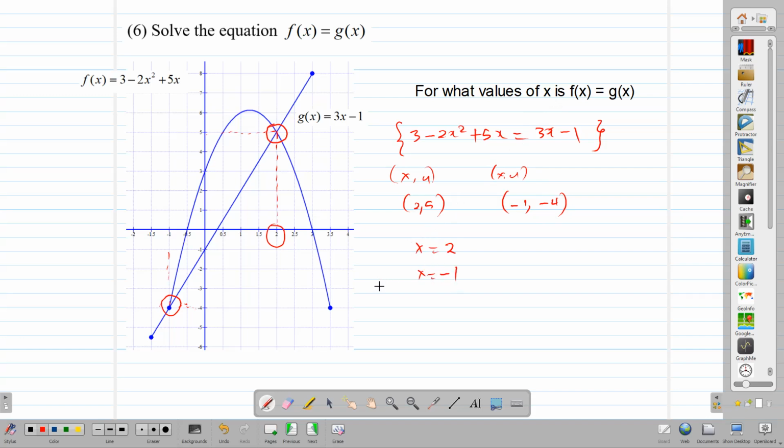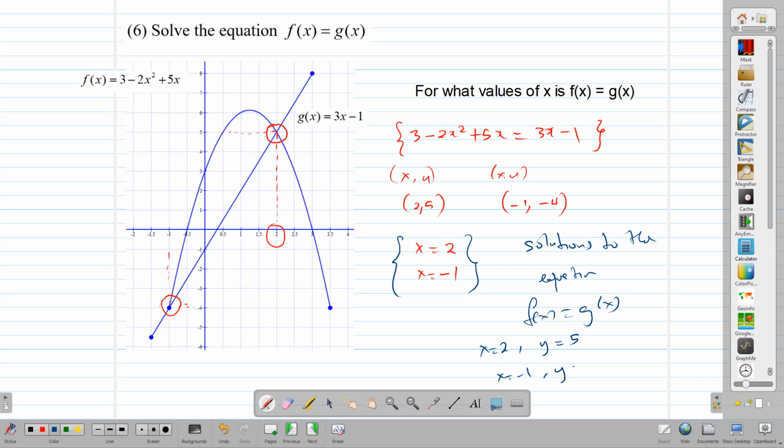If the question had asked for the solutions, that would be quite a different thing. So our x values are these, but if the question had asked for the solutions to the equation f of x equal g of x, that's a different thing, then we need to include all four numbers. x equal 2 when y is equal to 5, and x equal -1 when y equal -4.